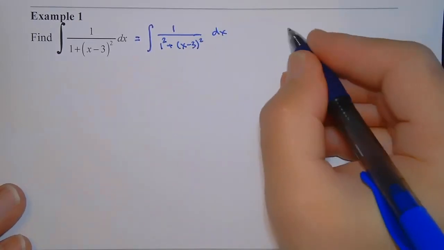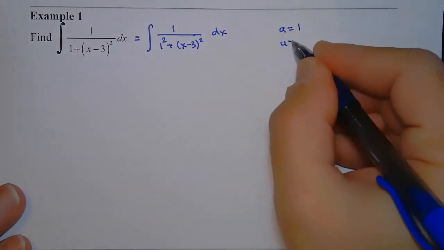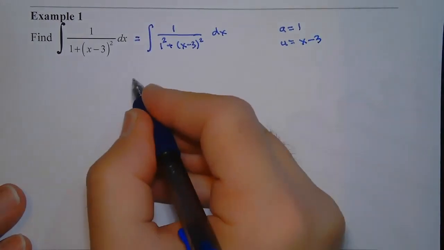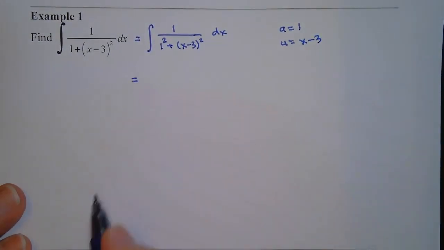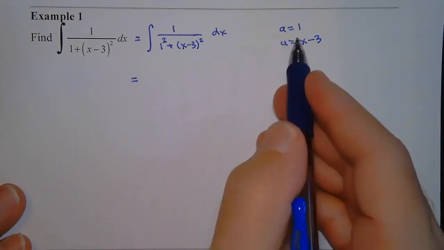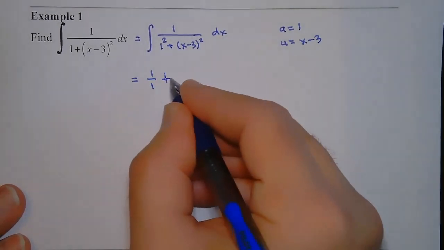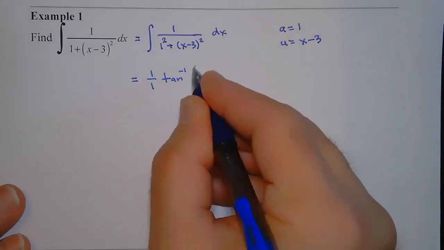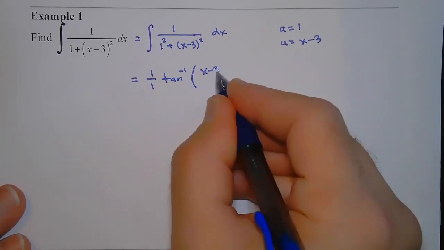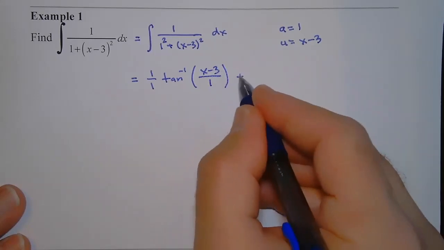And what this tells us is that our a is 1 and our u is x minus 3. Okay, so from that formula that we just learned, it's going to be 1 over a, but our a is 1, so this would be 1 over 1 tan inverse of u, which is x minus 3, over a, which is 1, plus c.